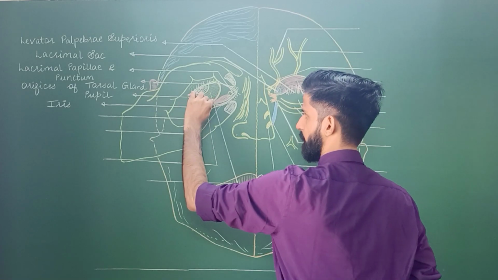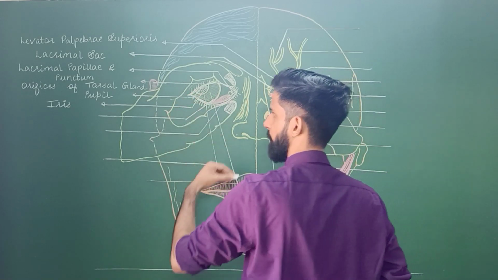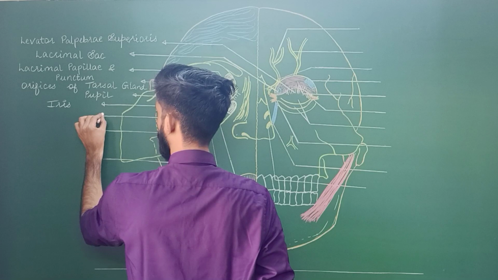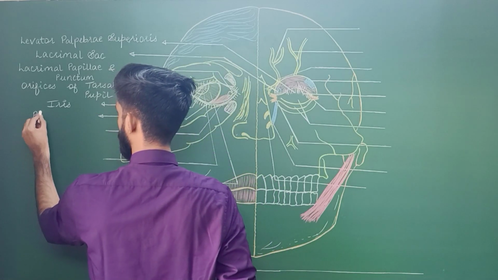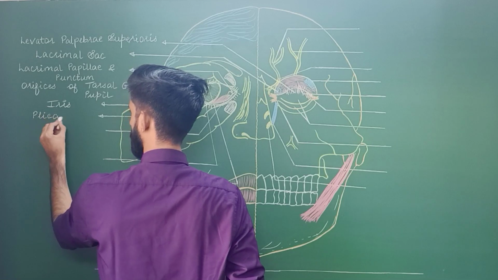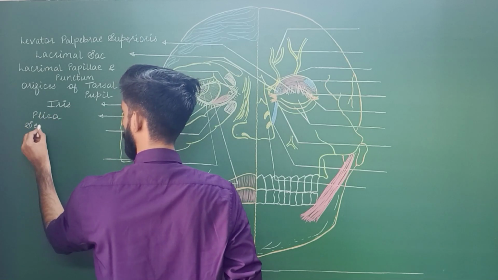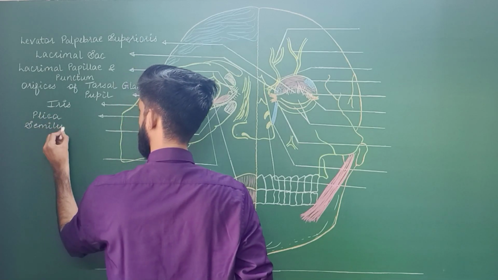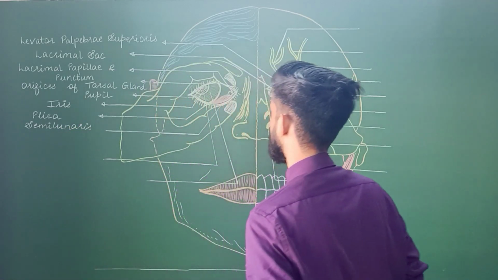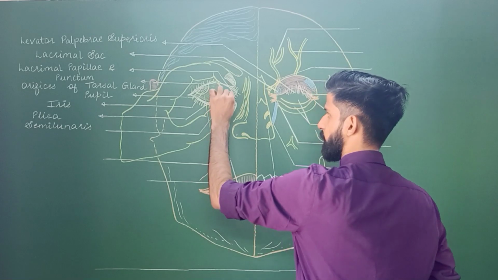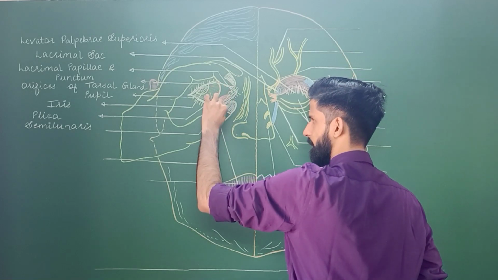Let's take the naming out. Plica semilunaris. Rounded body, very important.